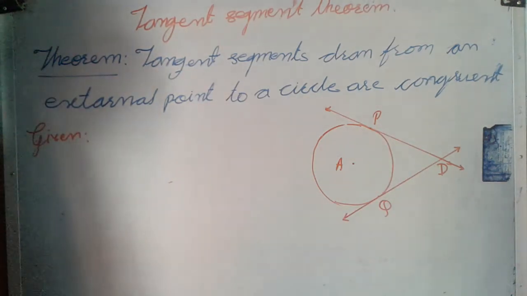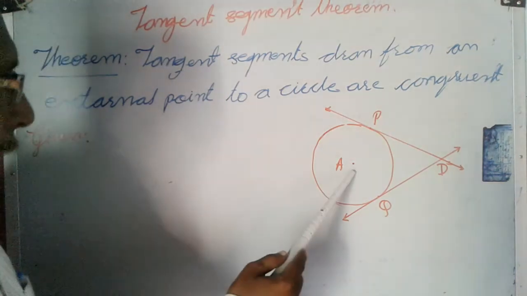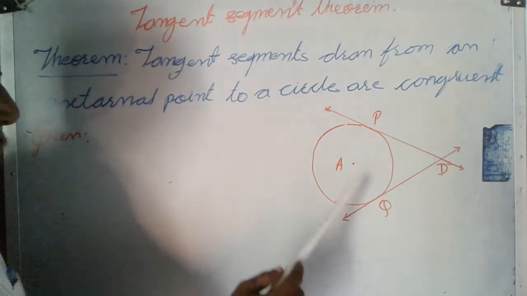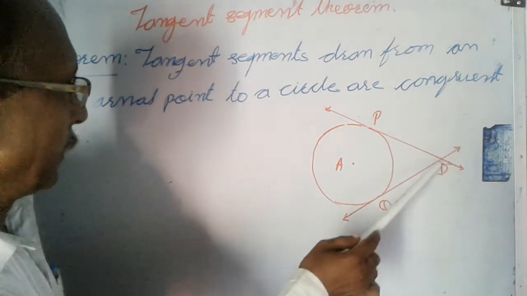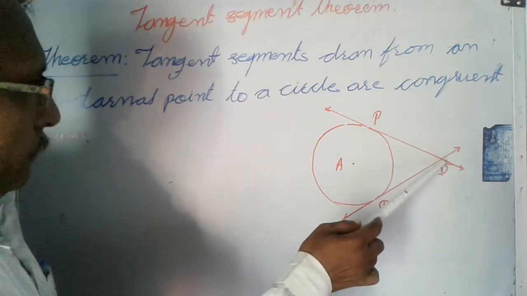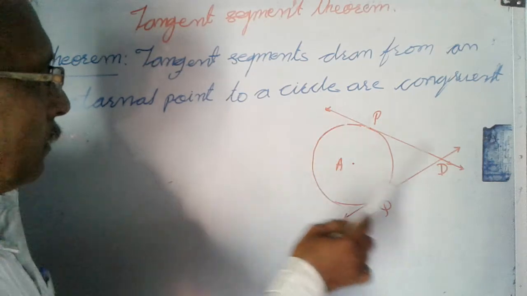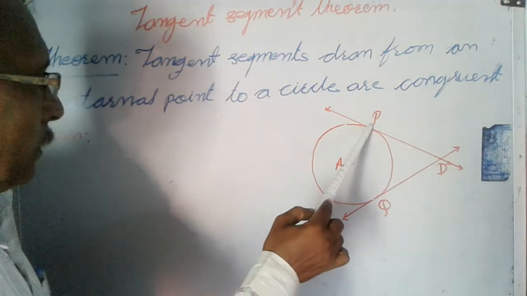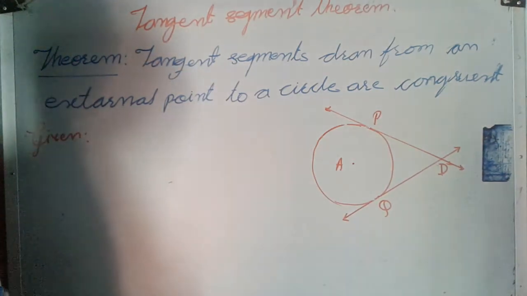So here, given things: A is the center of the circle, and PD and QD are tangents drawn from the exterior point D, touching the circle at P and Q. These are the given things.